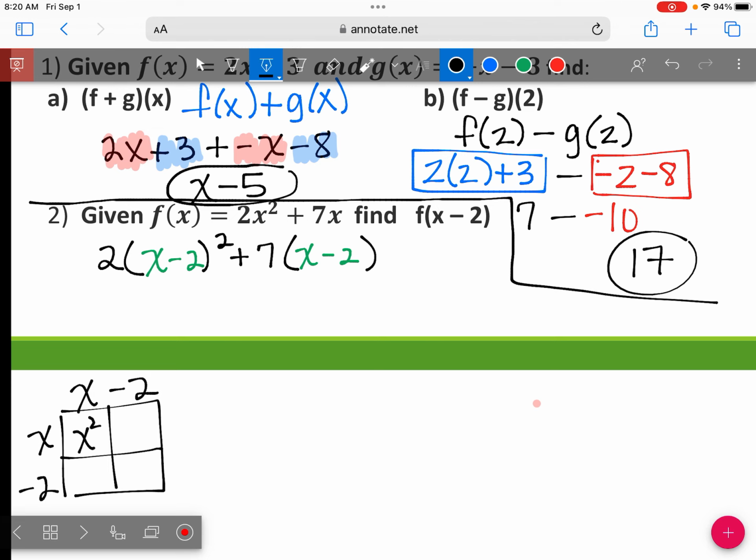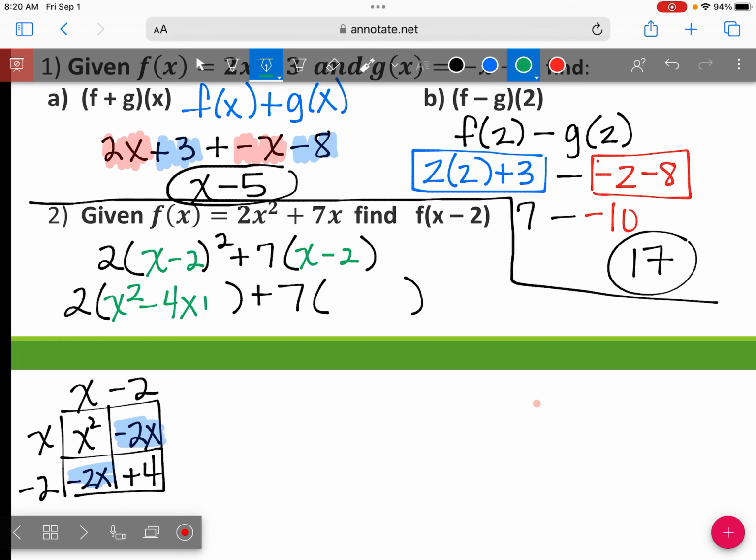So that would be x squared minus 2x plus 4. When you add your like terms together, which would be these two, your final answer would be x squared minus 4x plus 4, and then x minus 2.